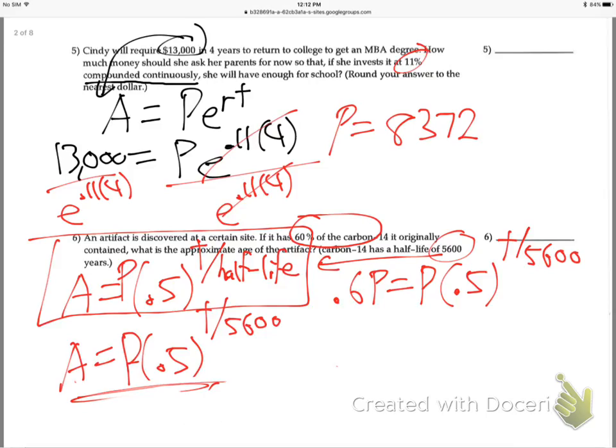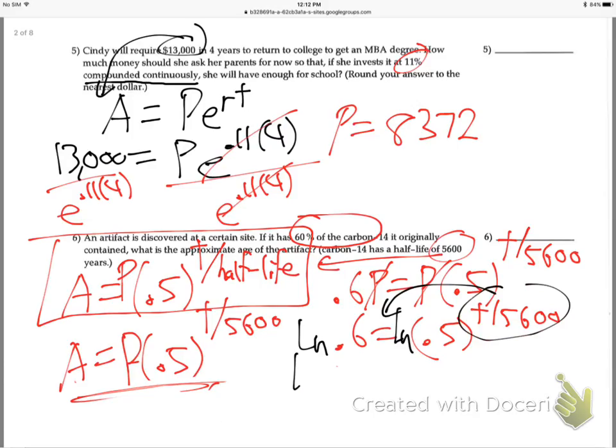Is that good? So now we just divide by P on both sides. It's gone. So I've just got 0.6 is 0.5 to the T over 5,600. How am I going to solve for T? Where's T? Power zone, ln, same old, right? Ln both sides, the T over 5,600 drops down.